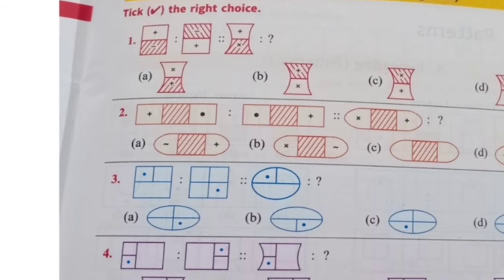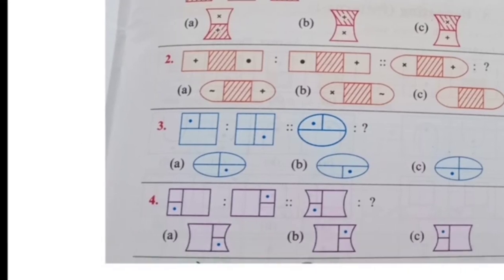So A is our correct option, because there are 4 triangles and the dot is shown in the third triangle. Got it? Very good.